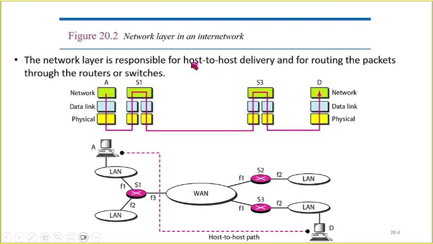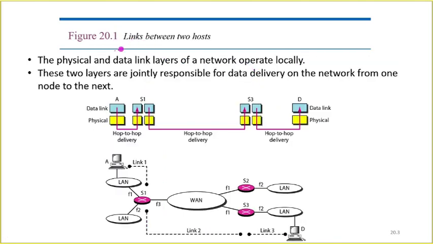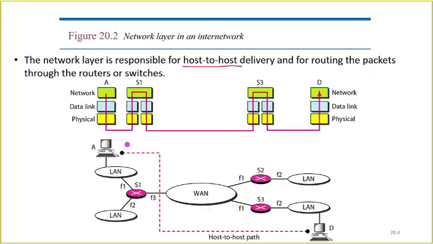Here the network layer behaves like an internetwork. The network layer is responsible for host to host delivery. In the physical and data link layers it is hop to hop delivery, and in the network layer it is host to host, or end to end, delivery.